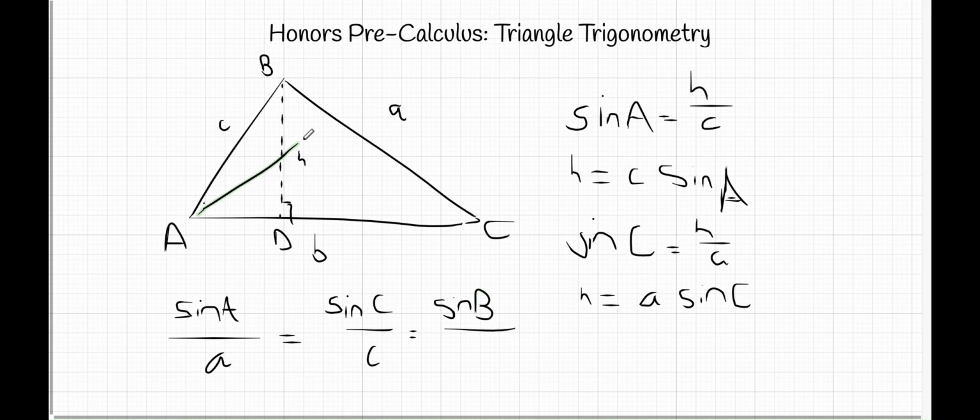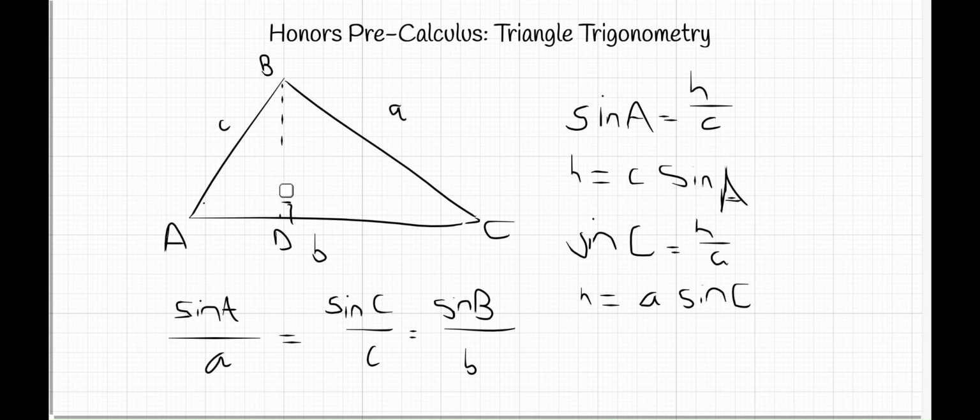We can also make it a over sine A is equal to c over sine C, which is equal to b over sine B. But this is the core form of the law of sines, and this is a simple proof as to how we found it.